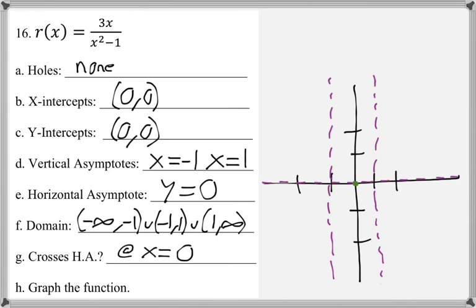Okay, and then let's graph this. So parentheses 3x divided by parentheses x squared minus 1. And you can kind of see the picture. So with the asymptotes, it's approaching them. It won't reach them except for right here it crosses it.